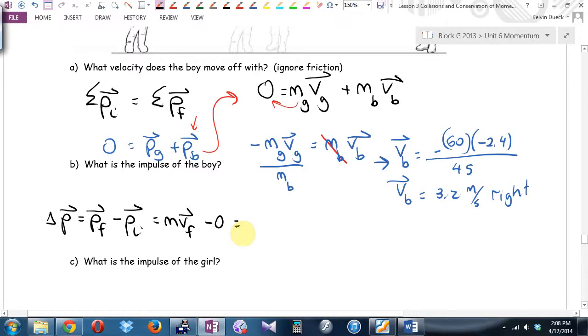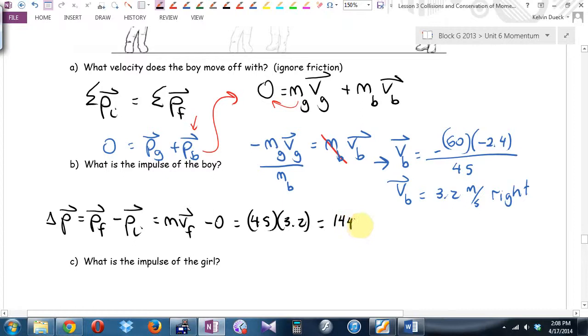So it's going to be 45 times 3.2. It's going to be the same as 90 times 1.6, which is going to be the same as 90 plus 154? No, 144. 144? Yeah.